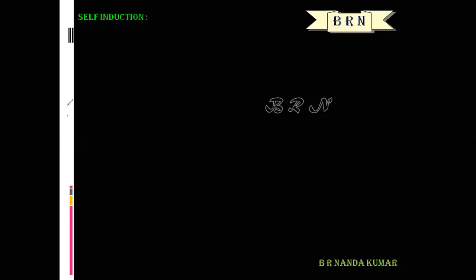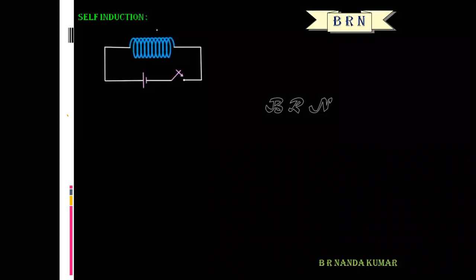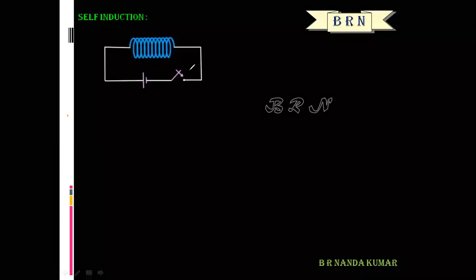Okay, the next topic is self-induction. First, let us consider a coil of wire. Actually, this is called an inductor, connected to a battery through a plug key. When the key is opened, there is no current in the coil.